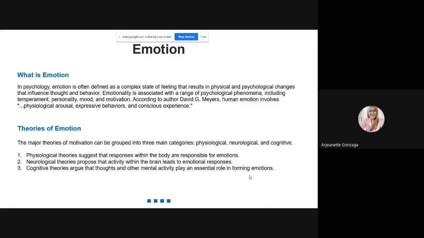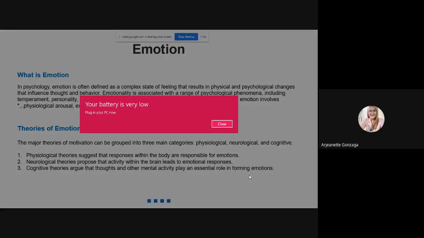So, strong emotions can cause you to take actions you might normally perform to avoid situations you enjoy. So, why exactly do we have emotions? So, bakit nga ba meron tayong emotions? So, what causes us to have these feelings?